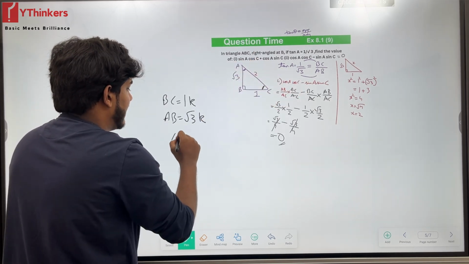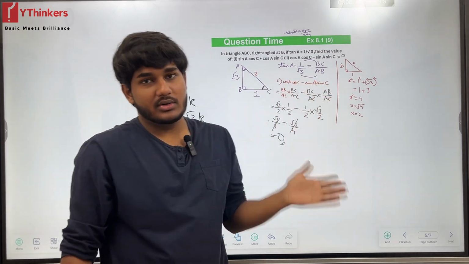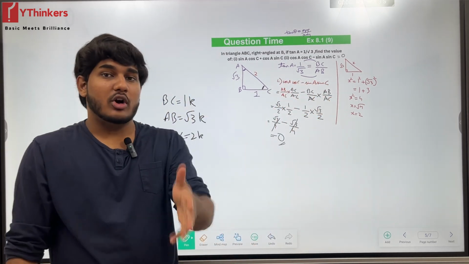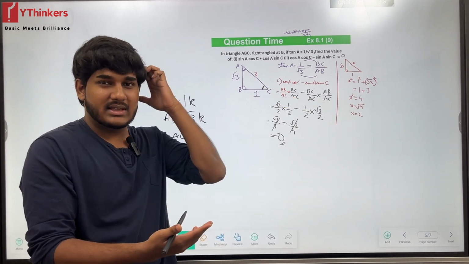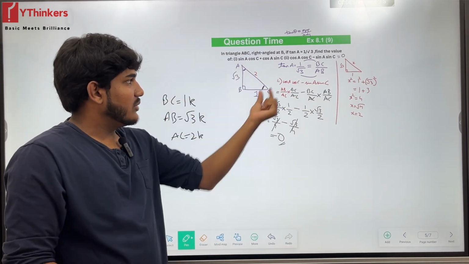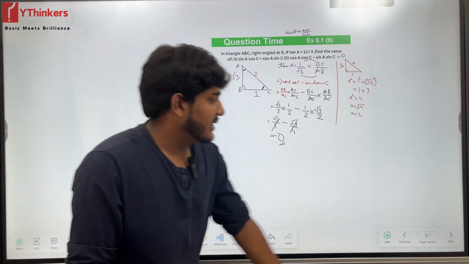It would have come as 2K. You can do that, or this also, as per your boards or syllabus. Ultimately the core remains the same: we are just trying to find the ratio, I mean the other side, using Pythagoras theorem. That's not a big issue.